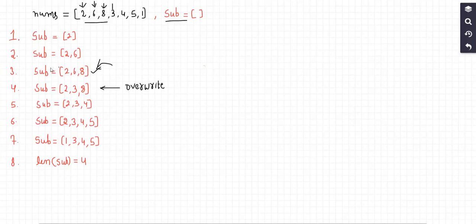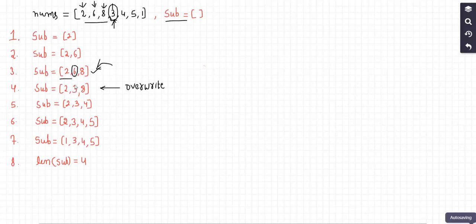So we find the first element in the already constructed subsequence which is just greater than the element we want to insert. That's what we want to do, and for that we use binary search or lower bound. So we perform lower bound over this subsequence and we see that 6 is the element which is just greater than 3, and we overwrite this 6 with the element we want to insert.